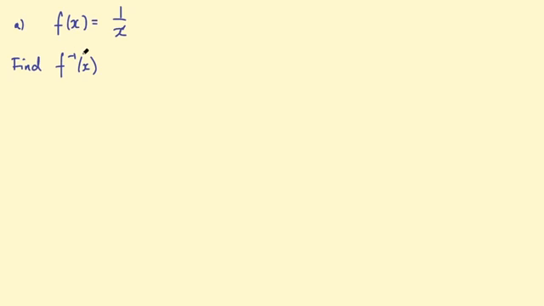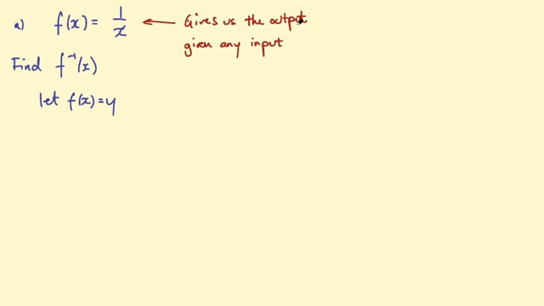And so the first thing we need to do is we let f equal y, because the idea of an inverse is that we can take the output and find the input. Now when we're talking about a typical function, that gives us the output given any input, and what the inverse function does is gives us the input given any output.